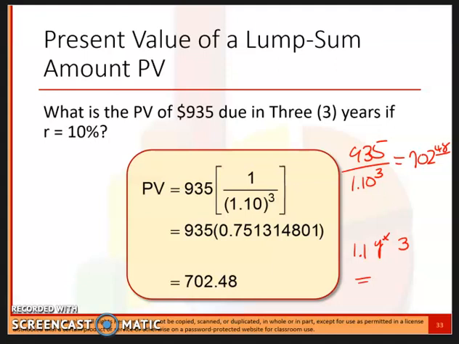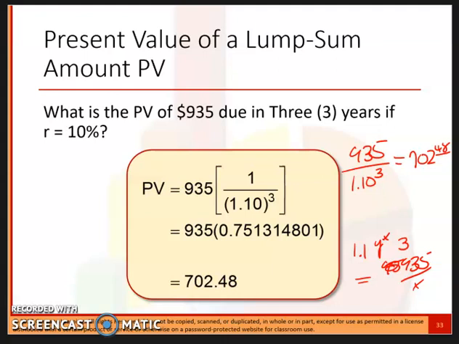Then you would divide 935 by this number, and that would give you the 702.48.